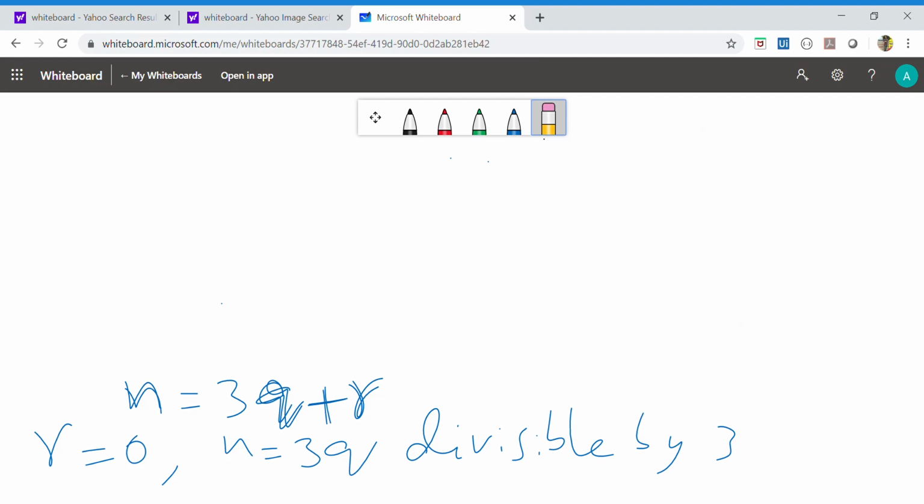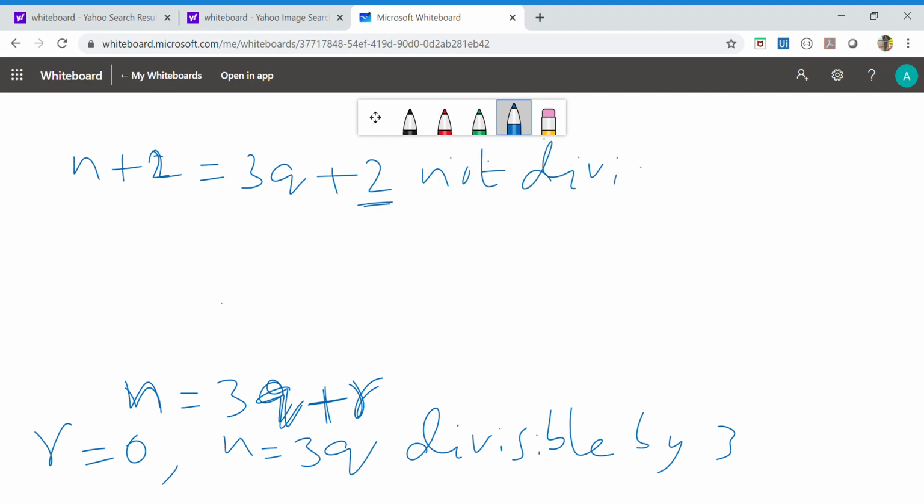Next we have to check for r is equal to 0, whether n plus 2 is divisible or not. N plus 2 means we are adding 2 to n. So n is 3q plus 0, so we add 2: 3q plus 2. 2 is not a multiple of 3, so this term is not divisible by 3.